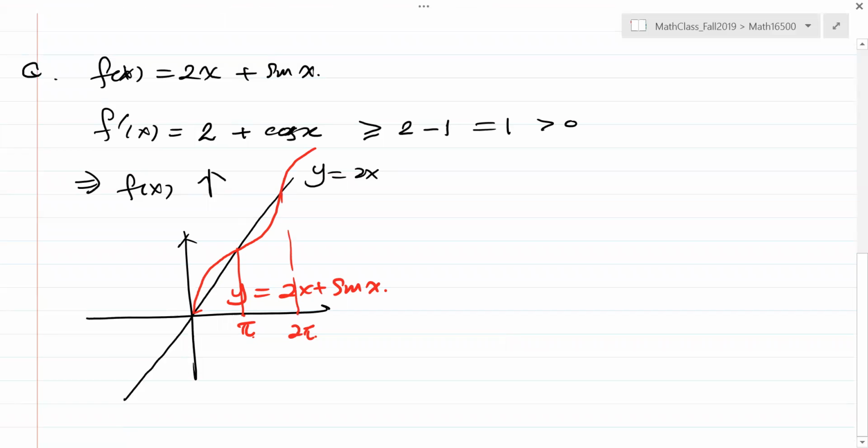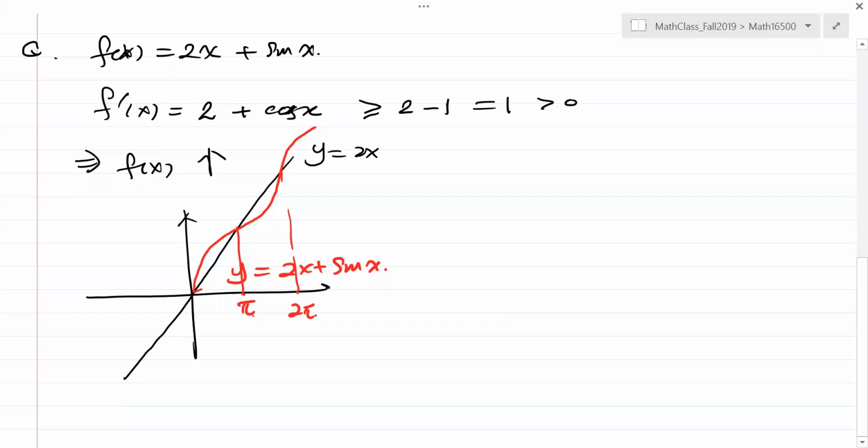For x between pi and 2 pi, sine x is negative, so 2x plus sine x is smaller than 2x. That's why it's below the straight line. This is how we sketch this graph. It's increasing, clearly going up, never going down. So for this function, you can even define the so-called inverse function.